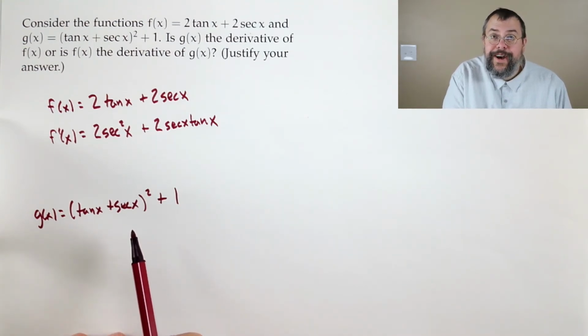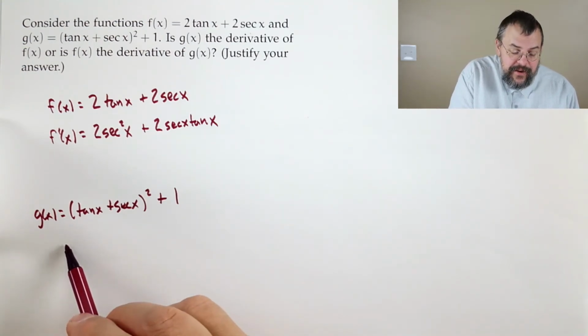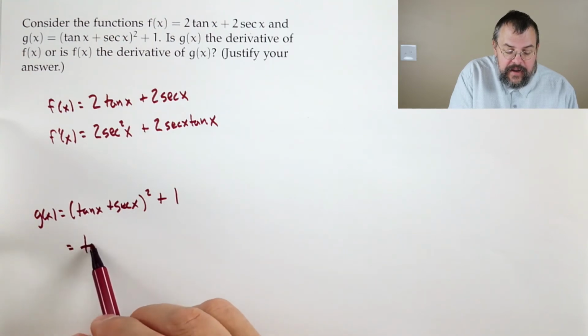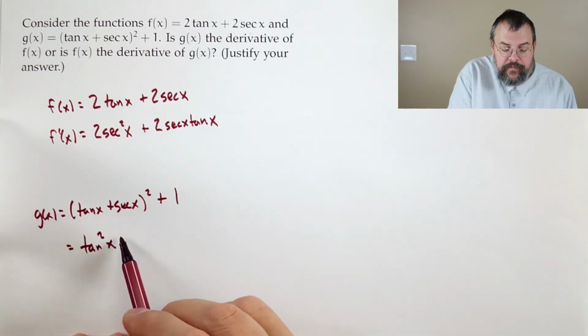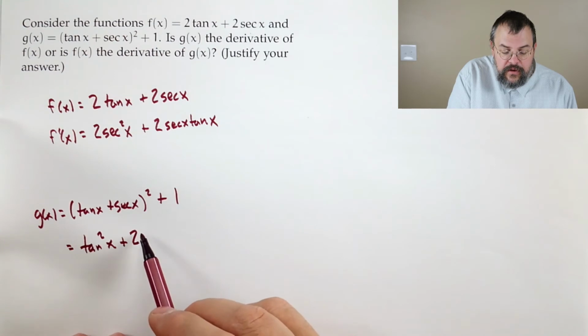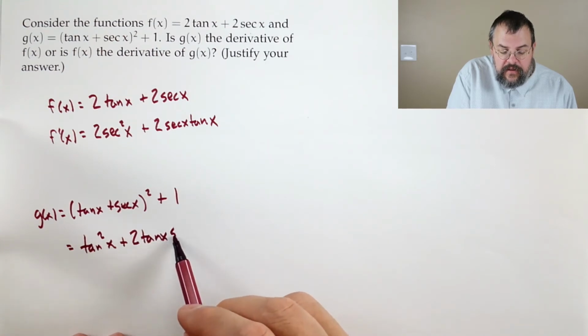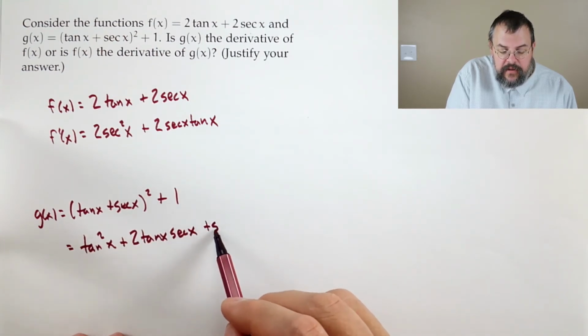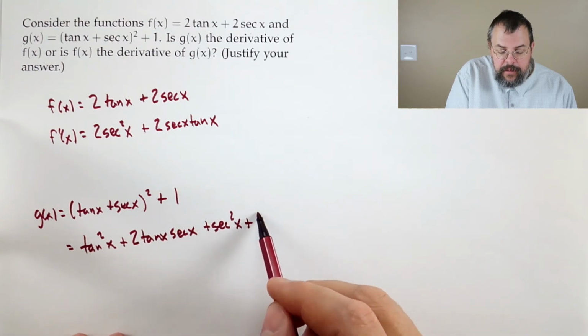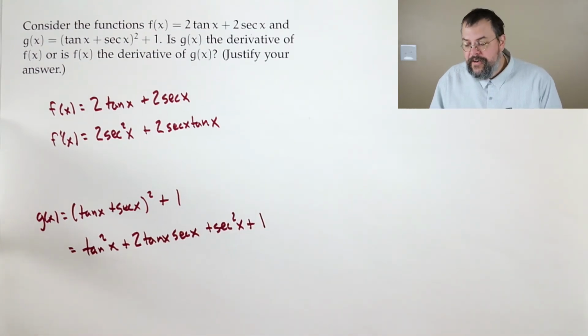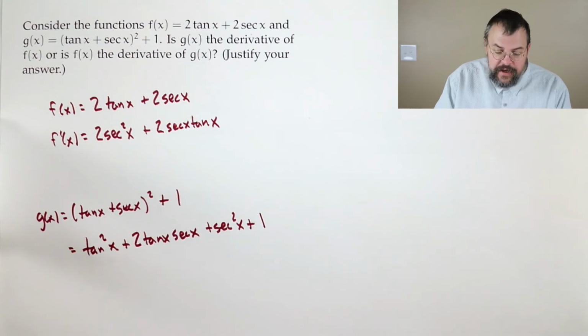Let's actually square that out and see what happens. If you square this out, that would be tangent squared x plus 2 tangent x secant of x plus secant squared of x plus 1. Now, we can do a quick comparison.